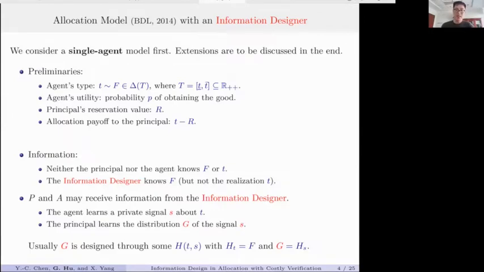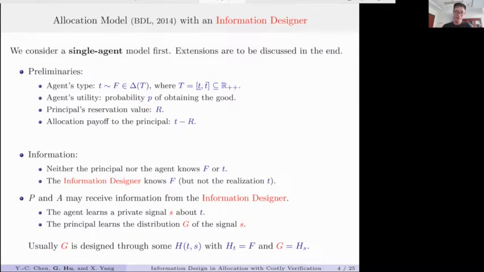We can imagine that this distribution G is designed through some joint distribution between the real type and the signal, for example, joint distribution H. And the marginal distribution on types is consistent with the underlying distribution F. And the marginal distribution of the signal is actually the signal distribution G to be designed.